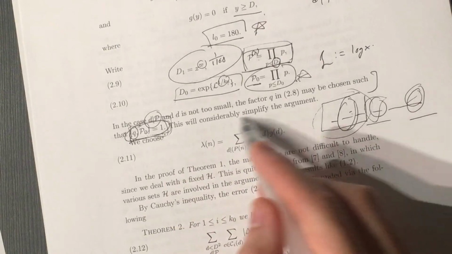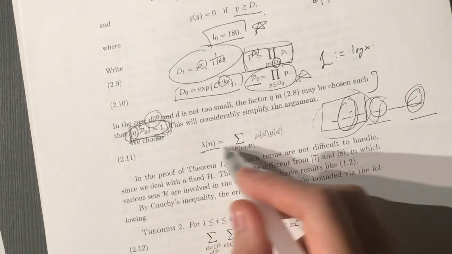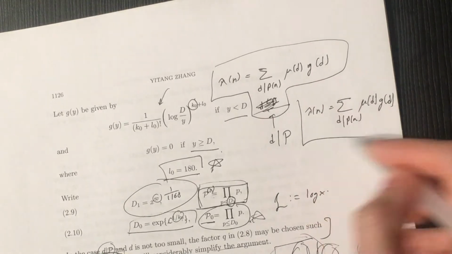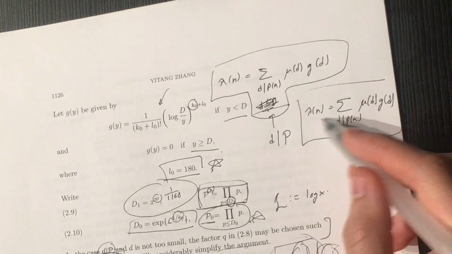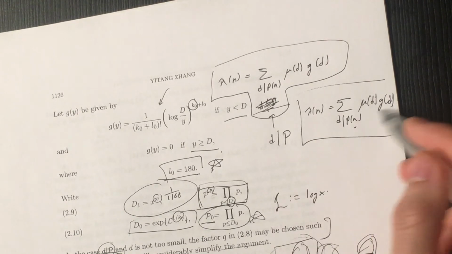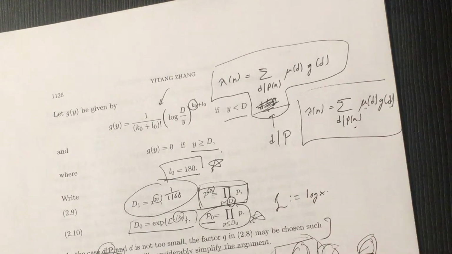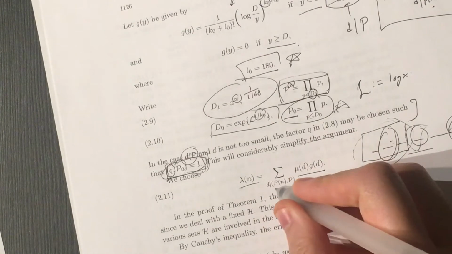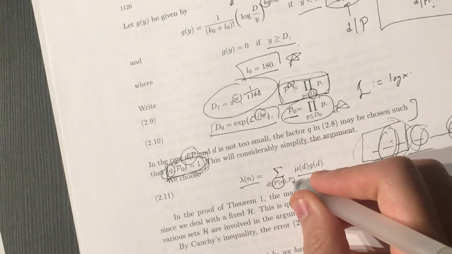Okay, yeah, this will simplify the argument, sure. We choose this to be, yeah, so this is the way I was writing it before. The original choice of lambda from previous work was just d dividing this product of the admissible set, a Mobius-ish version, Mobius times g. But here he is making a slight modification where instead of d dividing p of n, it's dividing the greatest common factor of p of n and curly p.